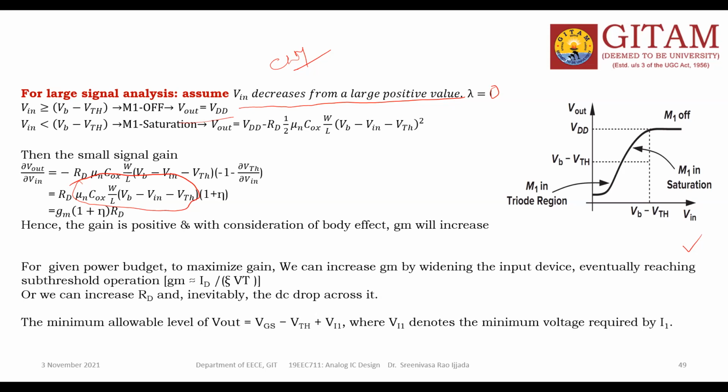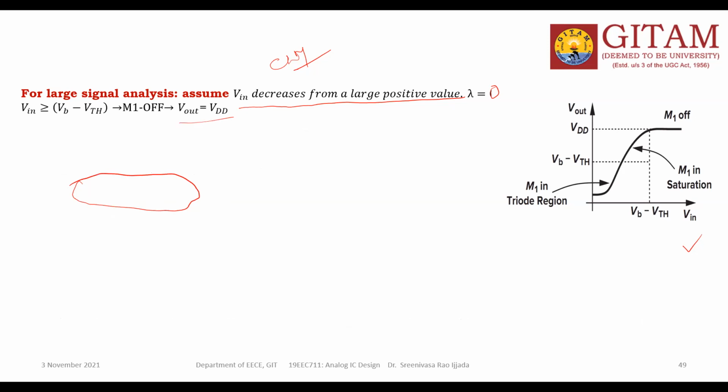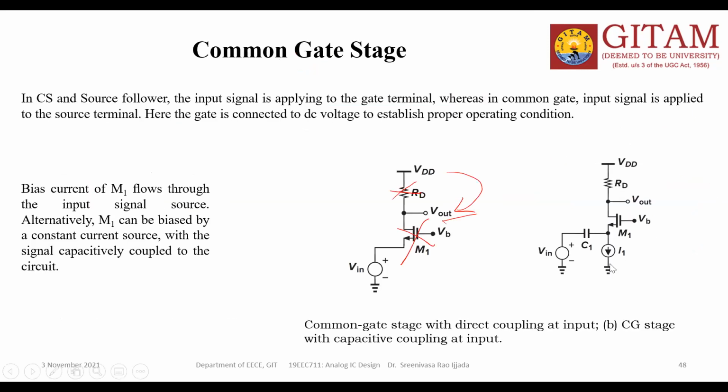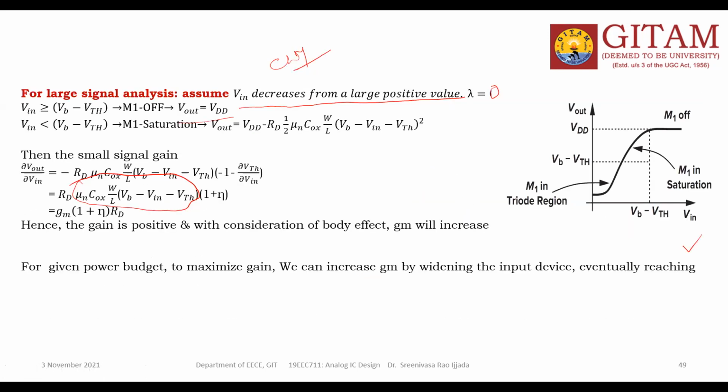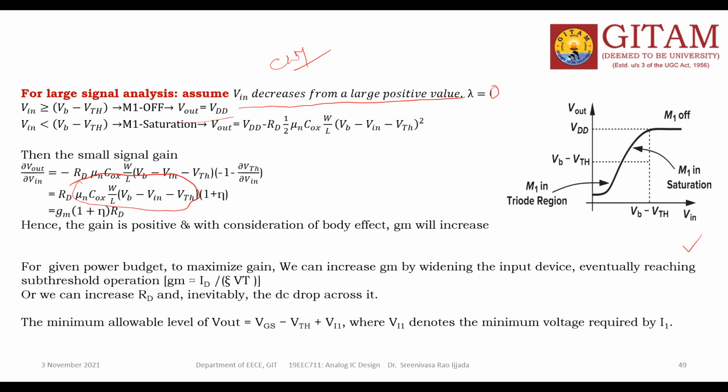In the equivalent circuit I showed you the current load; this is I1. It is difficult to calculate the voltage drop across it because it is a source. So the minimum output level is VGS minus VTH, where VGS is the gate-to-source voltage of device M1 and VTH is its threshold voltage, plus the voltage drop across your biasing current source.